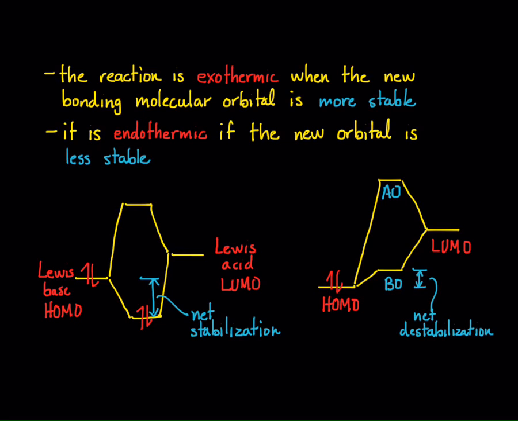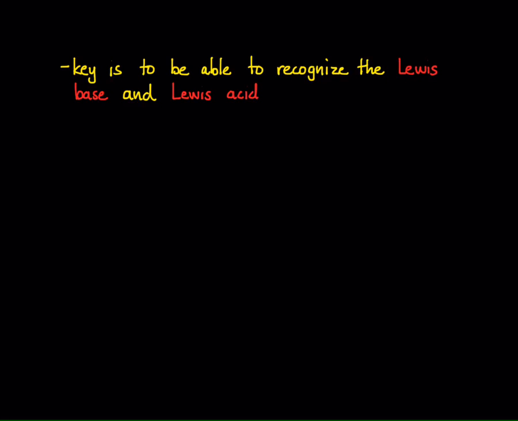if the net destabilization isn't that great, okay? So one of the keys is to be able to recognize the Lewis base and the Lewis acid. So you need to work on, if you're struggling with understanding, you get two reactants, which one's a Lewis base, which one's a Lewis acid.